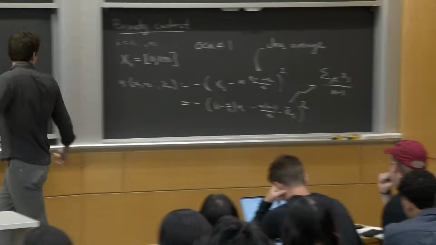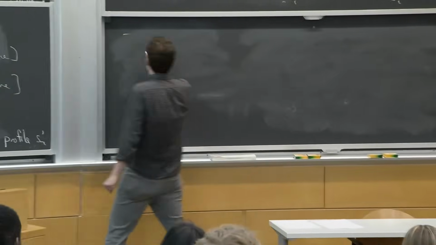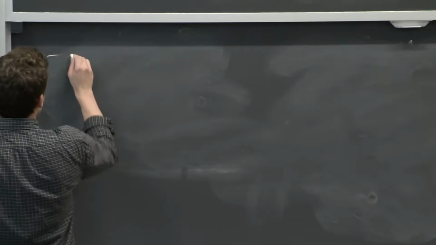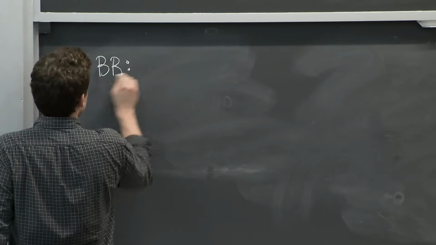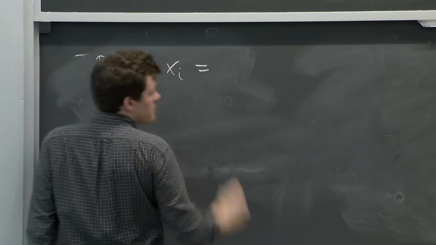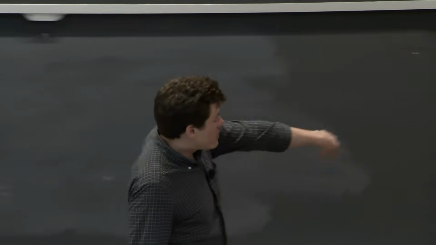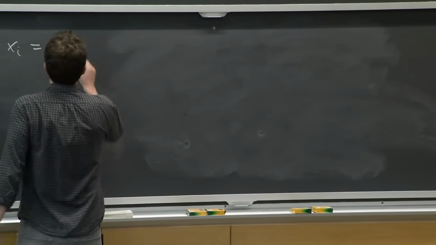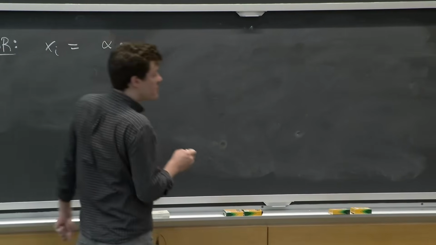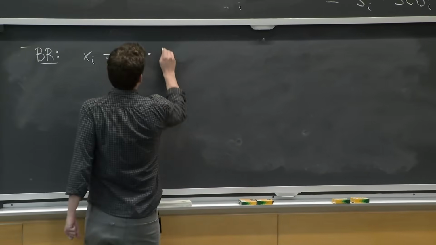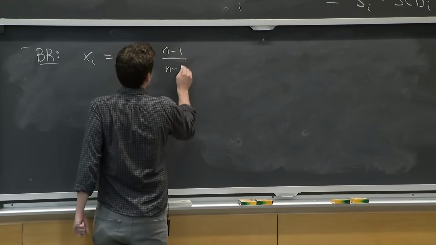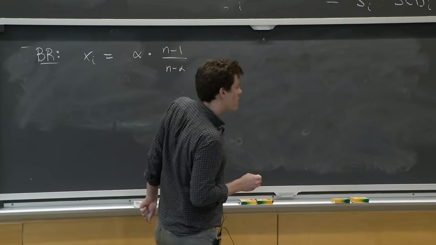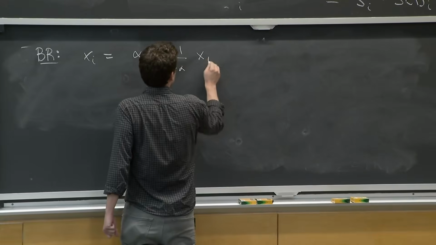A little bit of algebra, which you can work through at home if you'd like. And what you'll find is that the best response, if I solve for this, is I get xi equals the right side divided by 1 minus alpha over n, and the n's cancel nicely. So I get alpha times (n minus 1) over (n minus alpha) times x negative i bar.